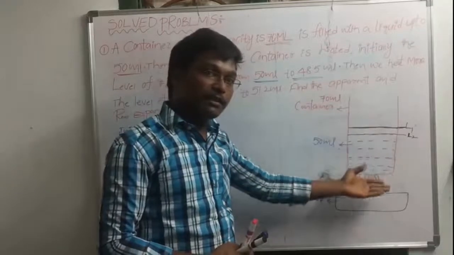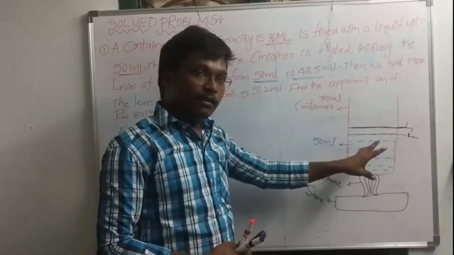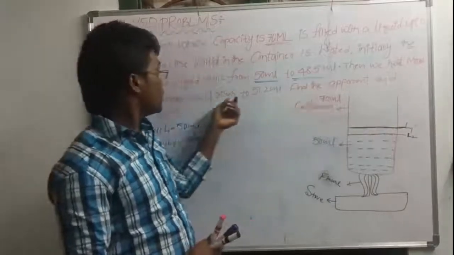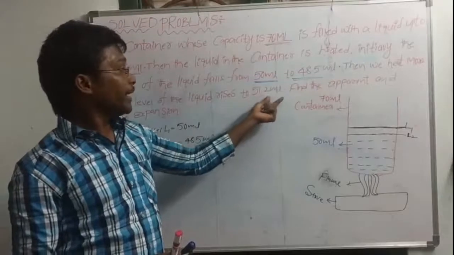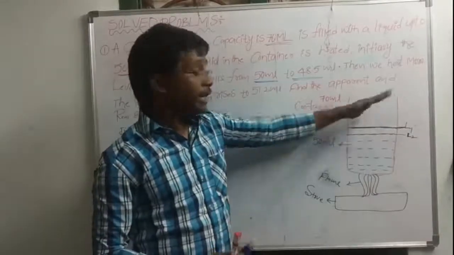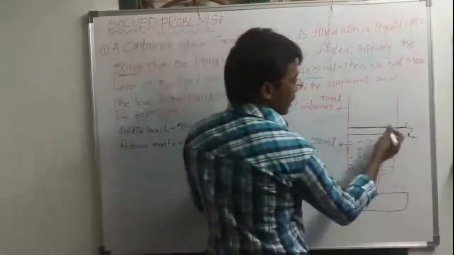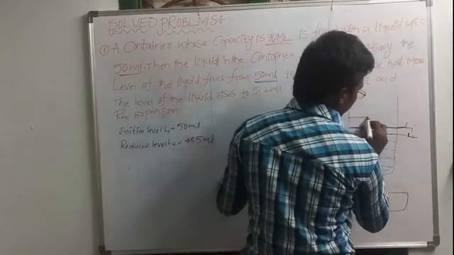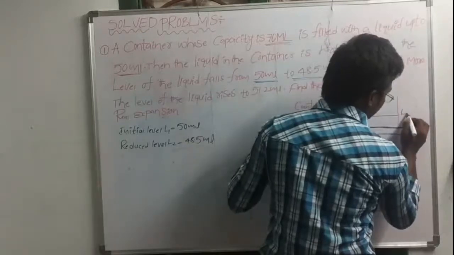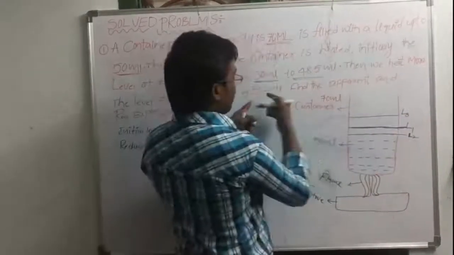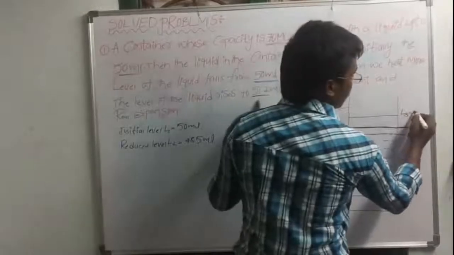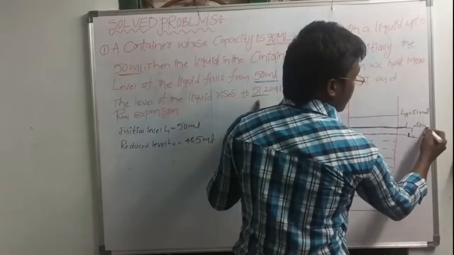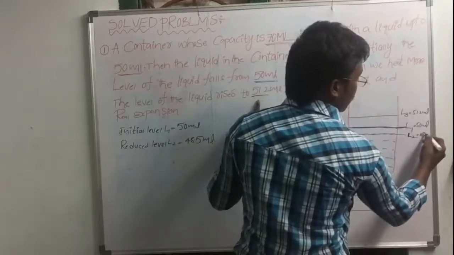Still we are heating this container, and the level of the liquid is increasing. How much is it rising? 50 to 51.2 ml. So here it is increased from here to here. This is L3. How much is this L3 value? 51.2 ml. L1 value is 50 ml. L2 value is 48.5 ml.